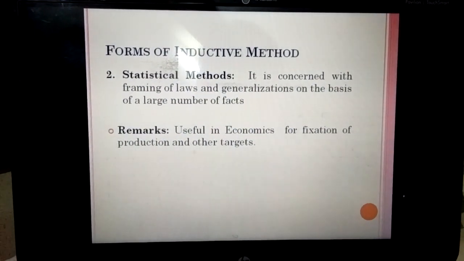Now we will discuss the forms of the inductive method. The forms of the inductive method are two: one is the experimental method, another is the statistical method. In the experimental method, actually, this method is not used too much in economic analysis. It is part of the natural sciences. But yes, somewhere we use it in empirical research also.